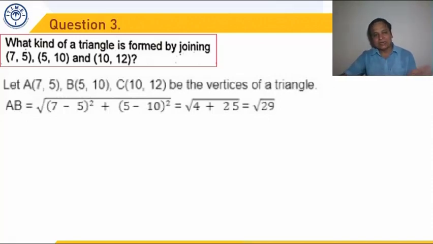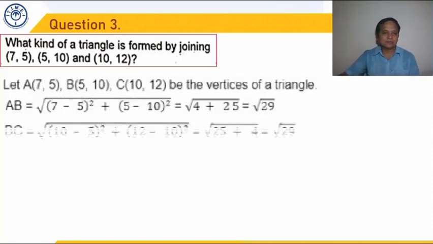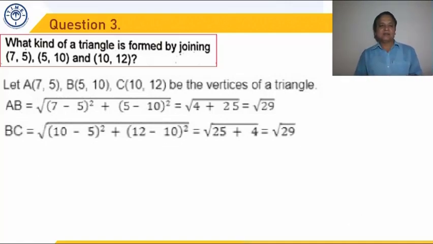Similarly, we try to find the length of the other 2 sides. Let's find BC, the distance between B and C. B coordinate is 5, 10, C coordinate is 10, 12. So distance BC is square root of 5 minus 10, that is minus 5.